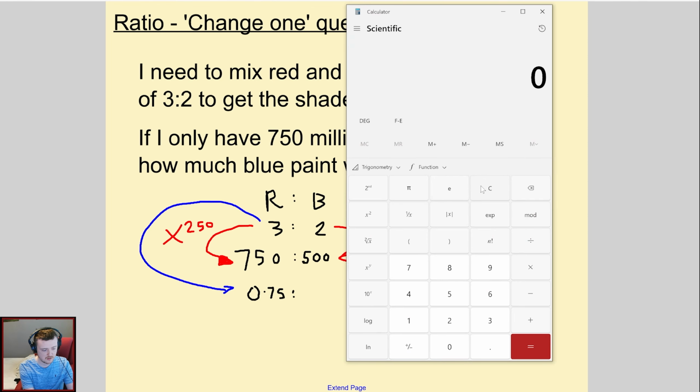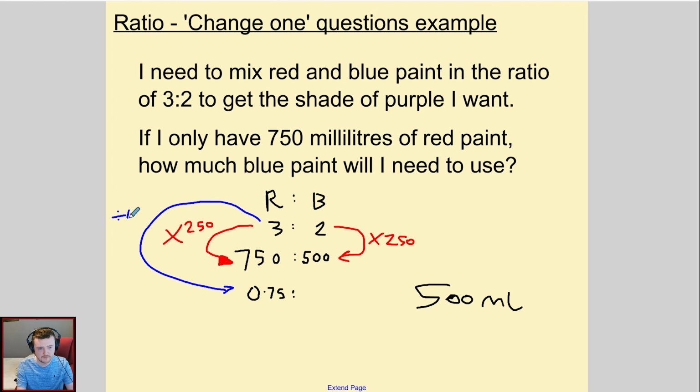So 0.75 divided by 3, or 3 divided by 0.75. 3 divided by 0.75 is 4. So we've divided this by 4. Okay? Whatever we do on the left, we do exactly the same thing over here. So 2 divided by 4 is equal to 0.5, which means I'd need 0.5 litres, which just so happens to be exactly the same as 500 milliliters.